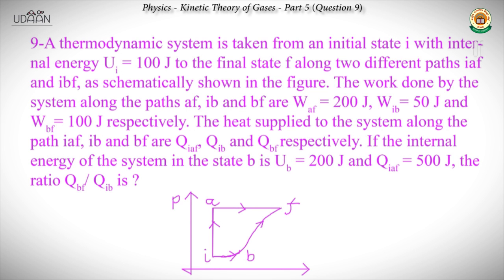The heat supplied to the system along the paths IAF, IB and BF are QIAF, QIB and QBF respectively. If the internal energy of the system in the state B is UB equals 200 joules and QIAF is equal to 500 joules, the ratio QBF by QIB would be what?